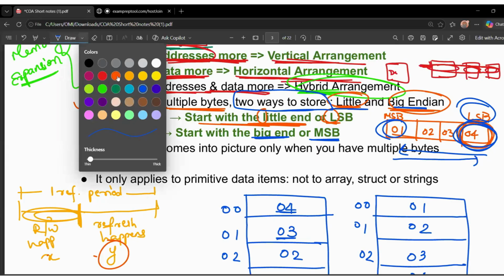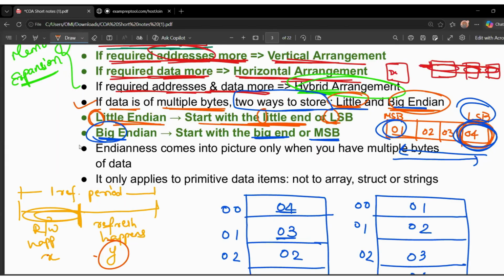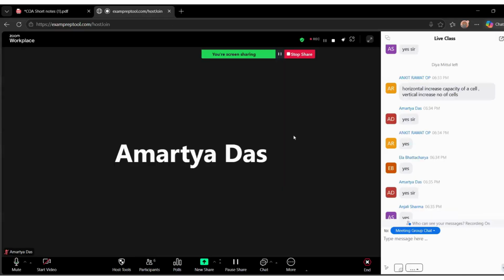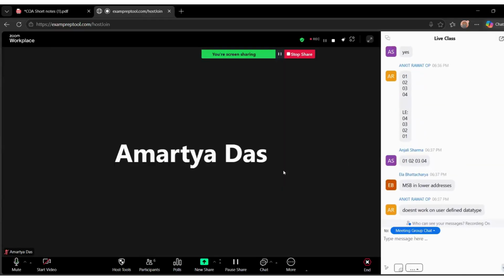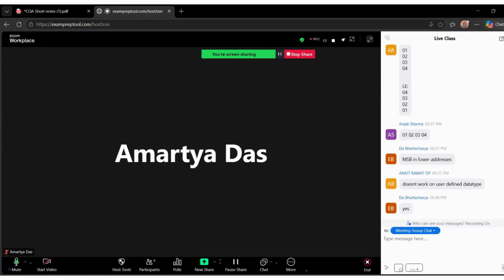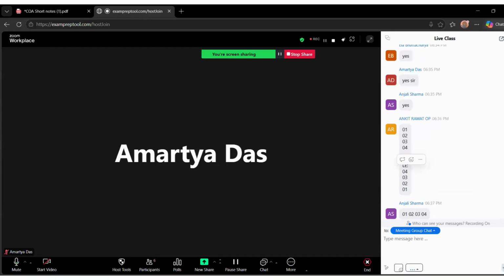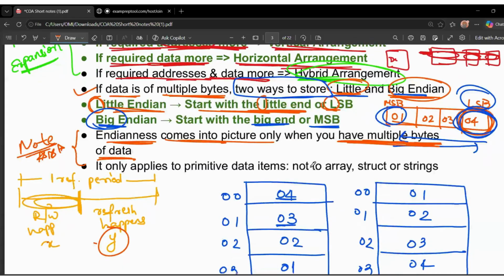Now, one important note, if you recall, a very important note I have given: endianness comes into the picture only when you have multiple bytes of data. Otherwise, it won't come into the picture.